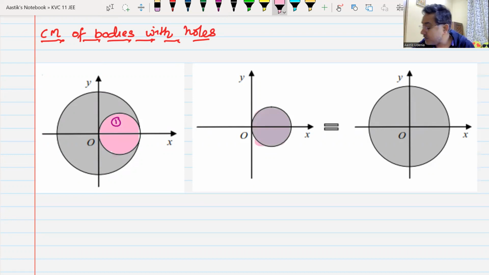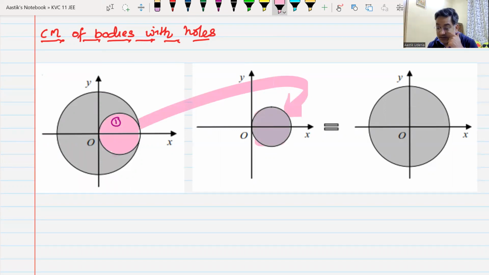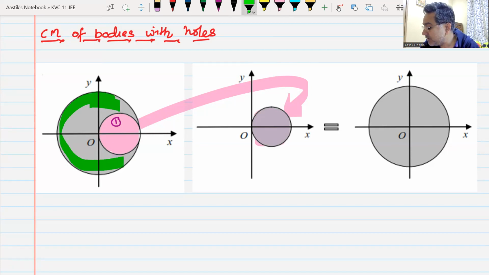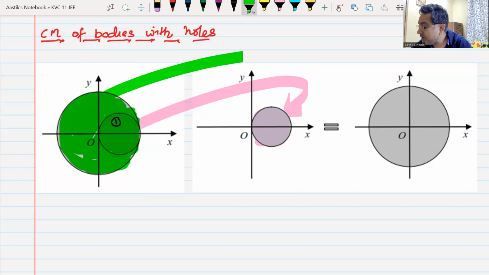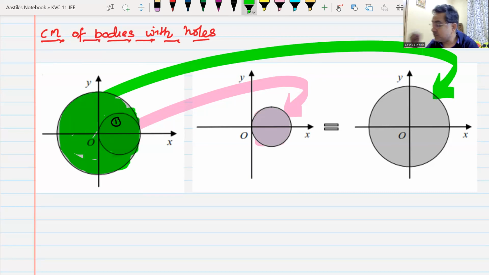This is the pink body, body number 1. And the other body is the remaining portion, which I intend to paint as green. But this is not the remaining portion. This is the complete body without the hole.